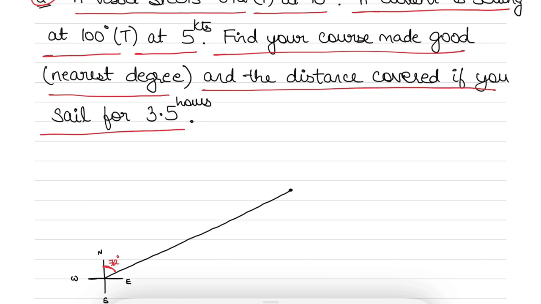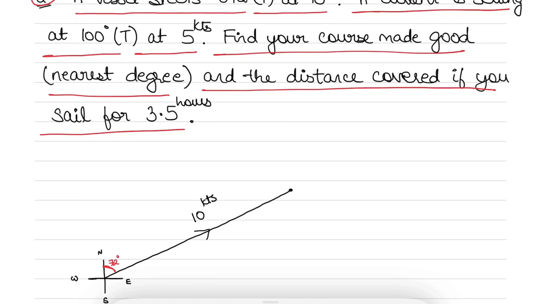Let's see how. I am going to draw a 1 hour triangle because the information given to us is per hour. This is what we also do in chart work. So if we are drawing a 1 hour triangle, that means the vessel is steering a course of 072 degrees, measured clockwise from the north, and your vessel is doing 10 knots, 10 knots per hour.